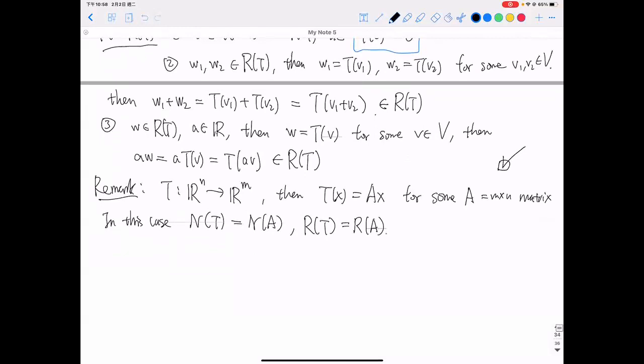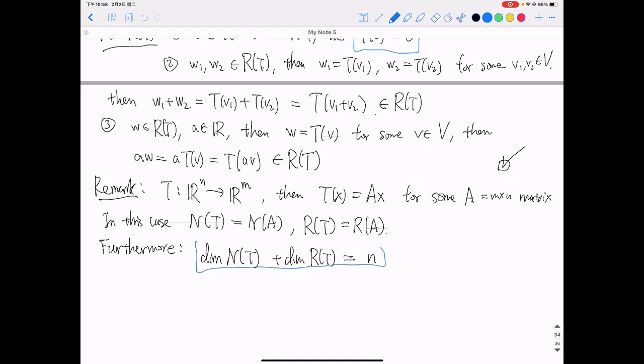All right. And furthermore, there is the following fact: the dimension of the null space of T plus the dimension of the range of T is equal to n.